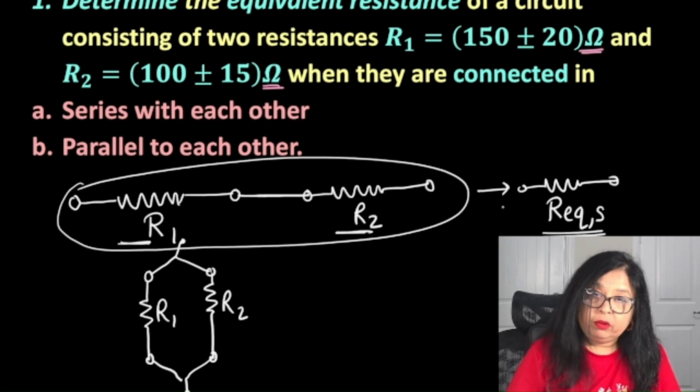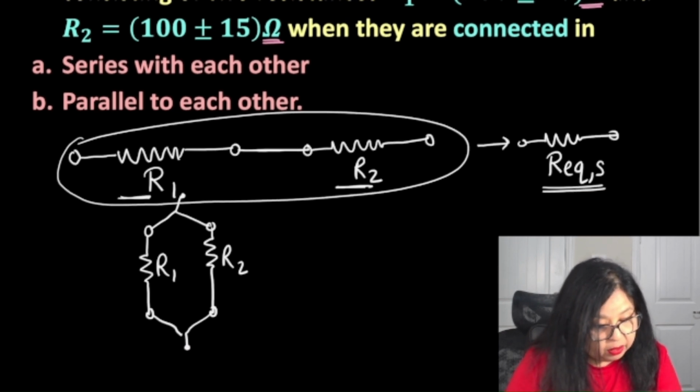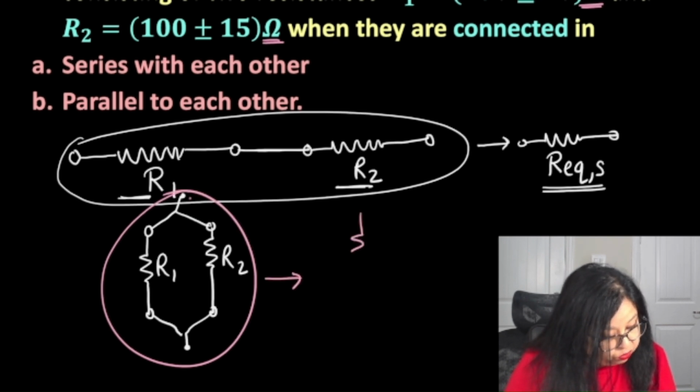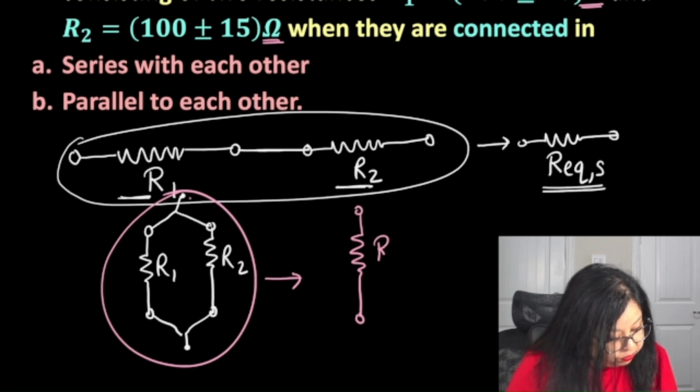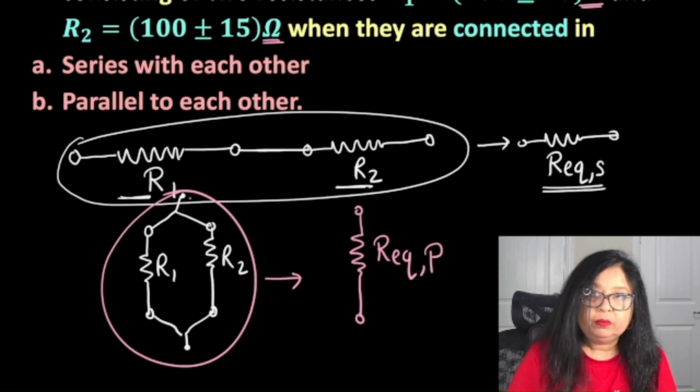What the value of R equivalent is, we're going to look at the formula for that. And similarly, when they are connected in parallel, as here, these are also going to act as if these were instead one single resistance, R equivalent, in parallel.